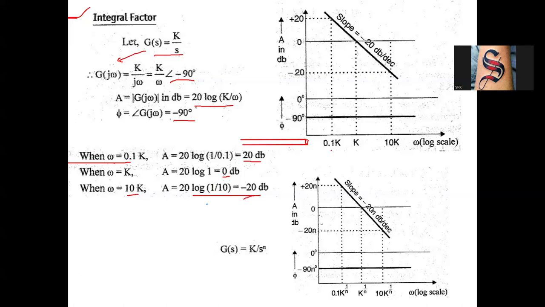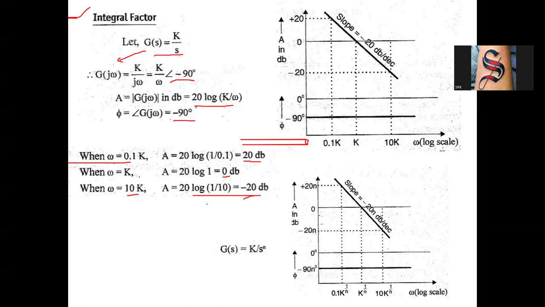See, initially at 0.1k, you get plus 20 decibels. At the value of k, you get 0 decibels. At the value of 10k, you get minus 20 decibels. Here I am taking the frequency range 0.1k, k, 10k. That is a decibel value, decibels per decade. So per decade, how much will the magnitude change?